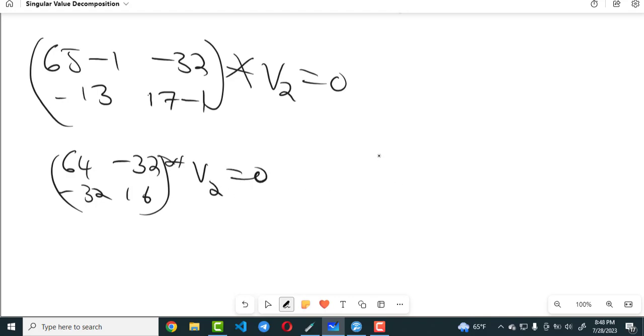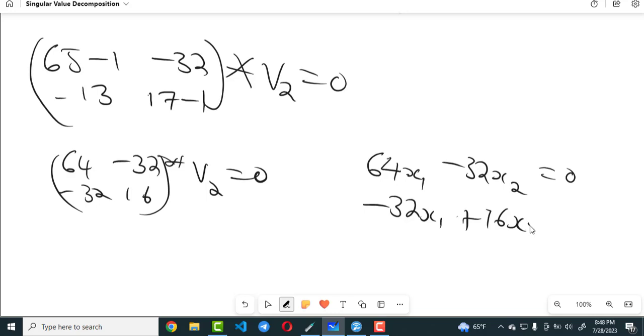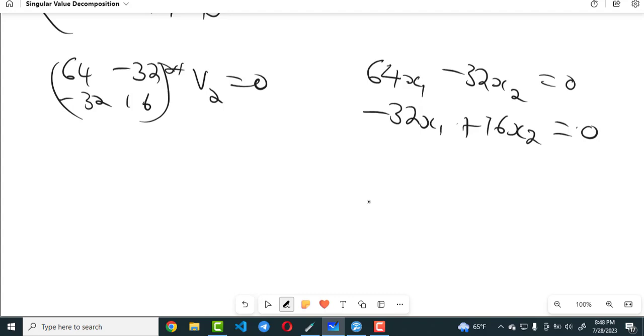And if we are to substitute our values, we get 64 x1 minus 32 x2 equals 0, and minus 32 x1 plus 16 x2 for our vector 2. In this manner, what we can do is add.